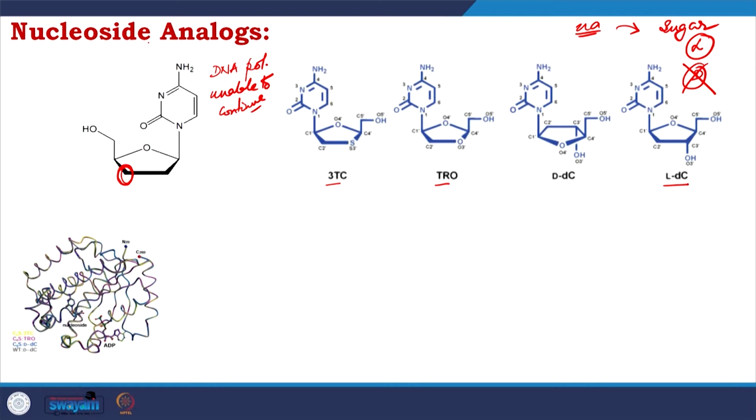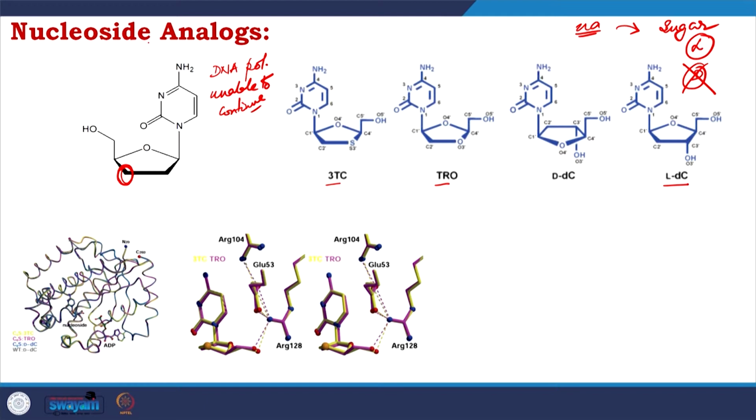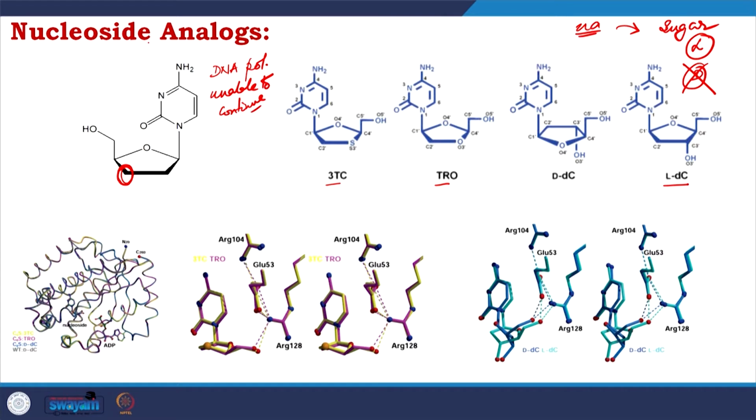So, what we did, we crystallized all of those compounds with a target enzyme called deoxycytidine kinase, and we have clearly shown the molecular details of how these molecules are actually interacting with the enzyme and how the catalytic residue GLU 53 is coming close to the sugar, to the position where it has to hydroxylate.